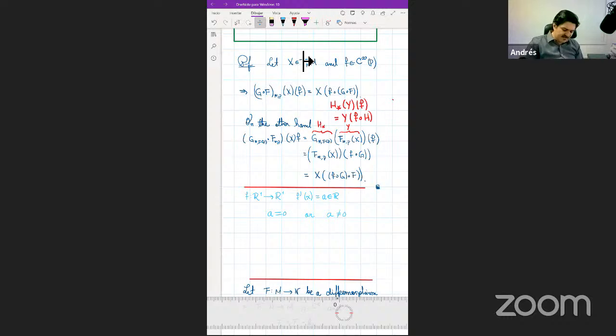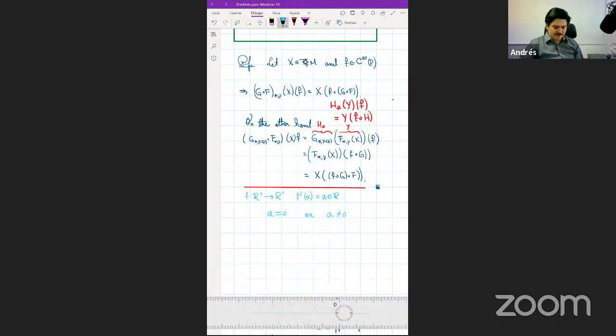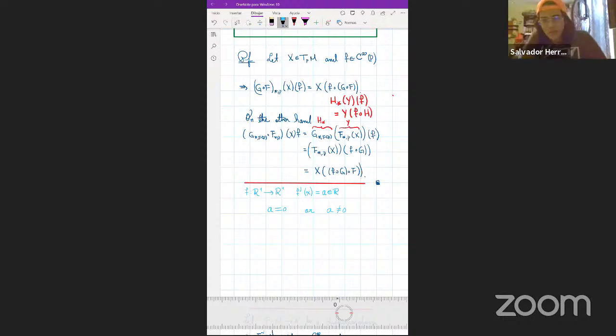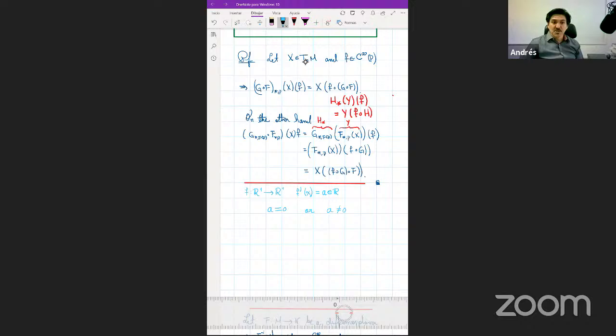If A is non-zero, what can you say about the function near the point x naught? That it should have an inverse close. Right, so you have a local inverse.